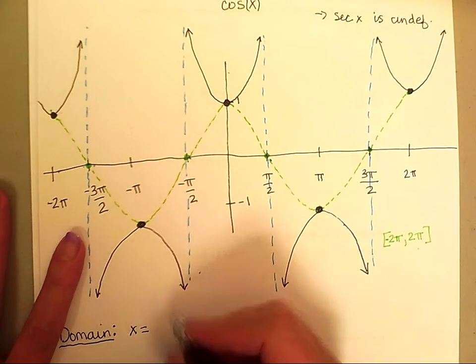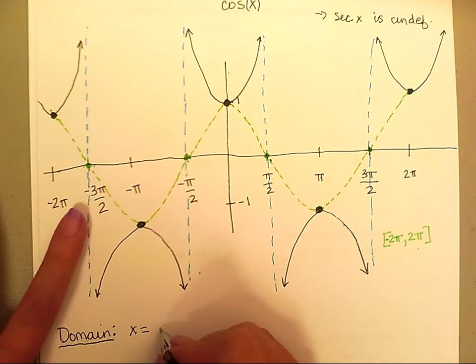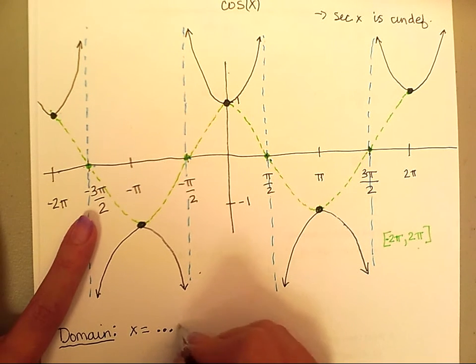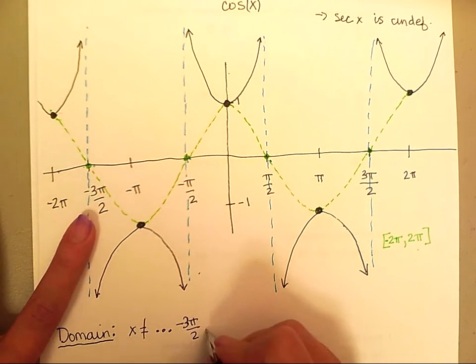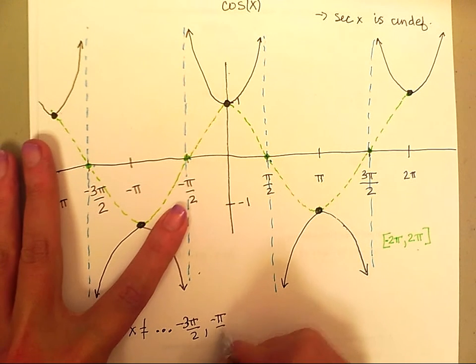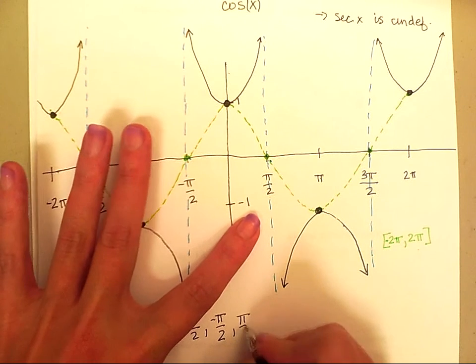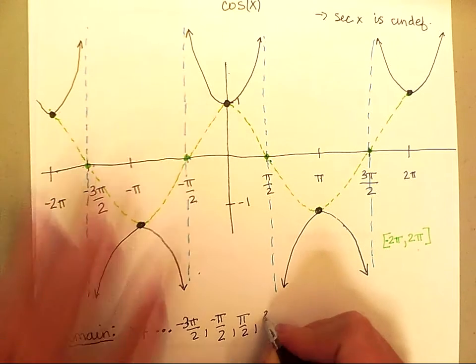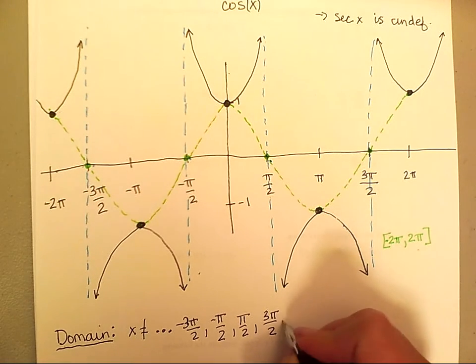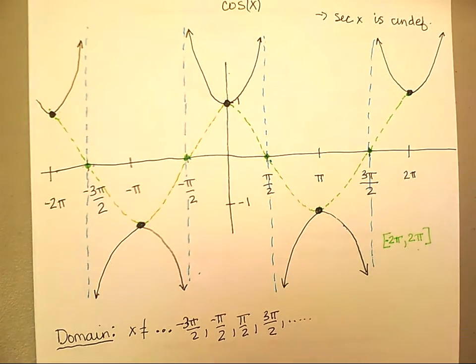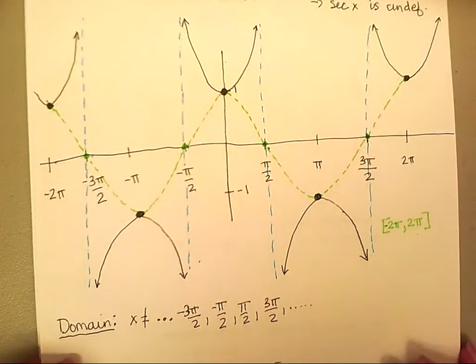So we know this, but there's an infinite amount of these asymptotes. There's some below negative 3 pi over 2, and negative pi over 2, and then there's the positive pi over 2 asymptote, and there's the positive 3 pi over 2 asymptote, etc., etc. We know that these are the restrictions where those domains come in.